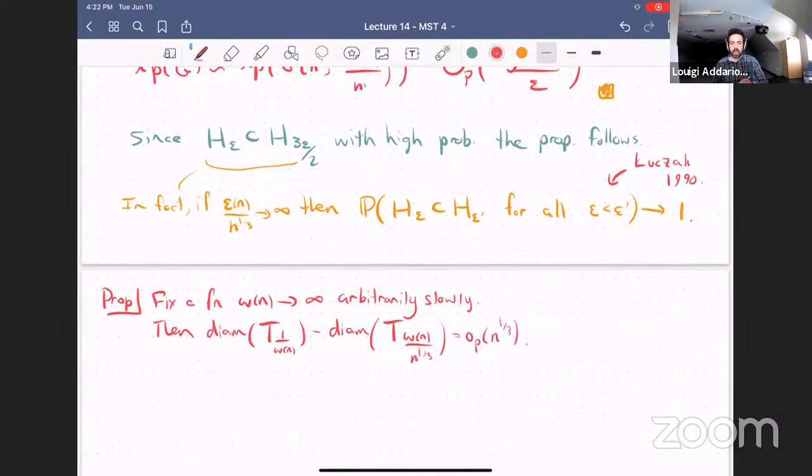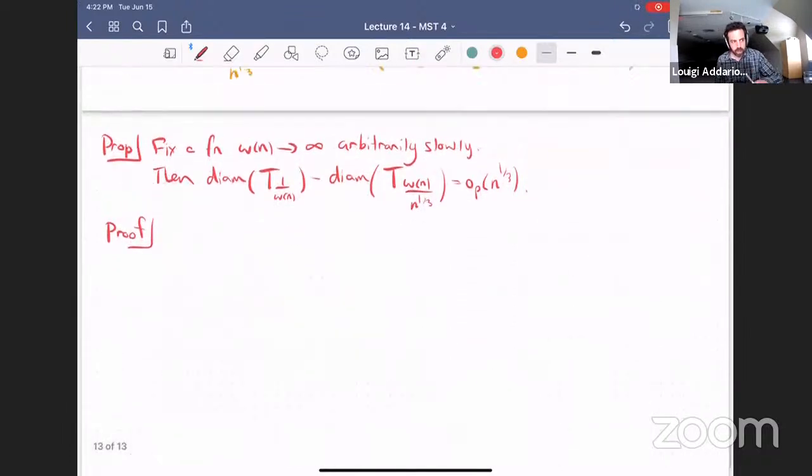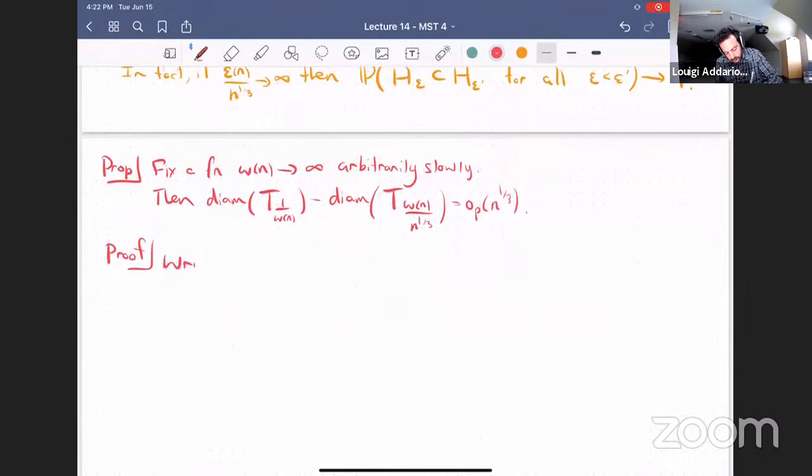Okay, and this really finishes step A. It gets you from large constant over n to the third to small constant. To prove this, we'll just take a sequence of steps.